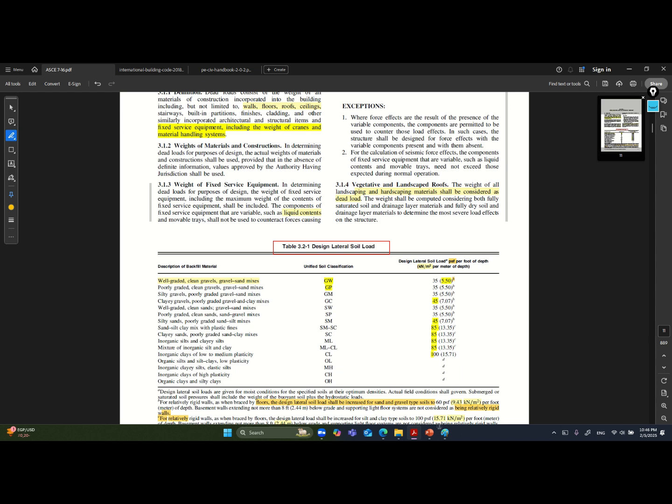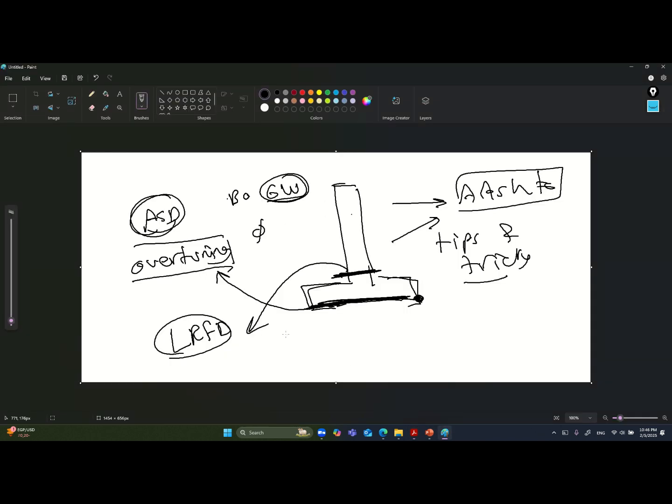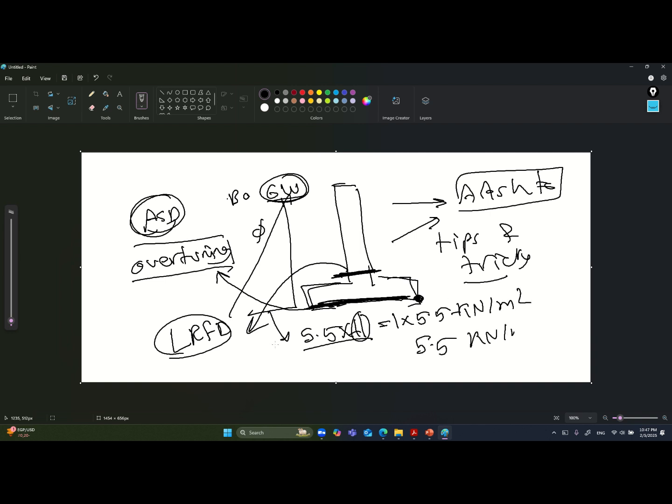What does per meter depth mean? It means the pressure will be 5.5 multiplied by h. So if I have a retaining wall of h equal 1 meter, then I will have 5.5 kilonewton per meter square, because the value of 5.5 is kilonewton per meter square per meter of depth.